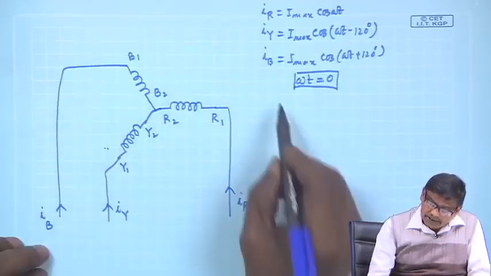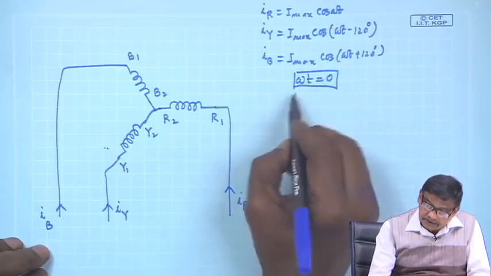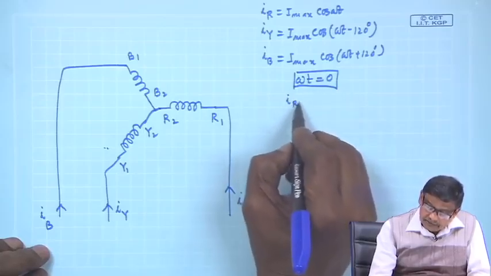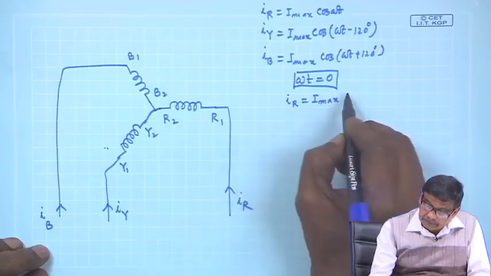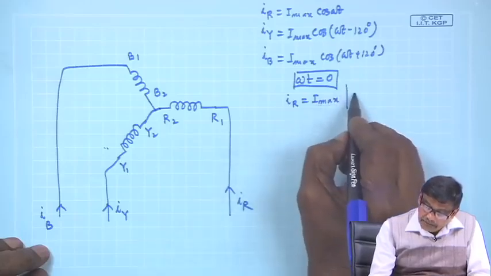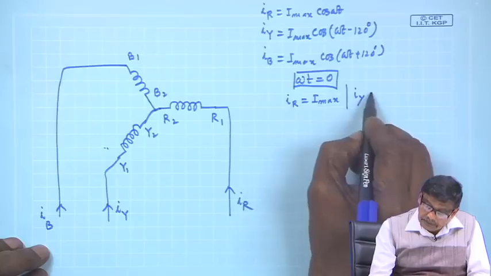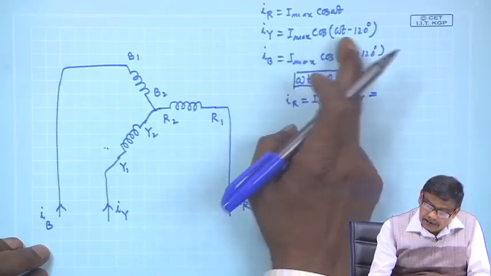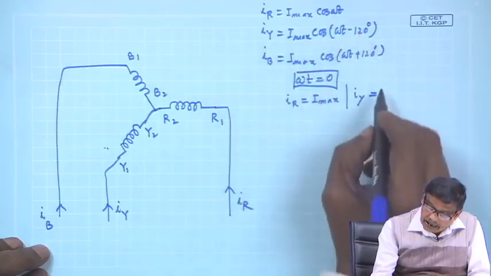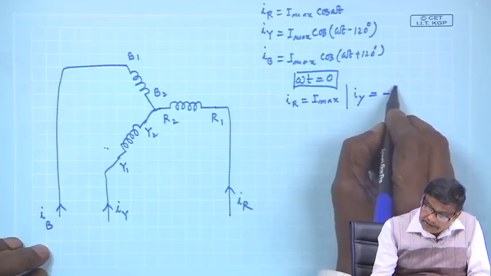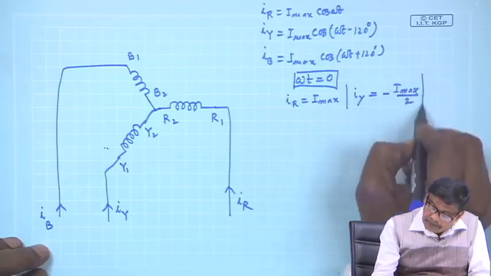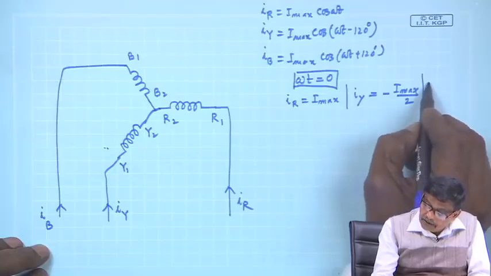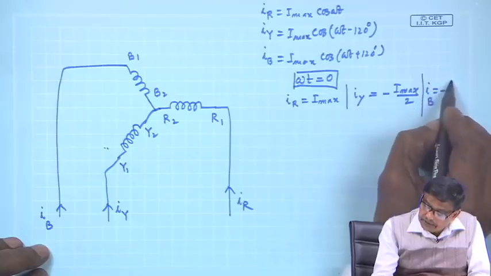If omega t equal to 0, under this condition I r is equal to I max, I y will be I max cosine minus 120 degree, and that will be minus I max by 2, and I b also minus I max by 2.